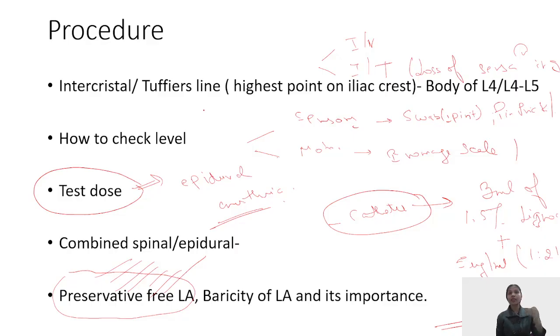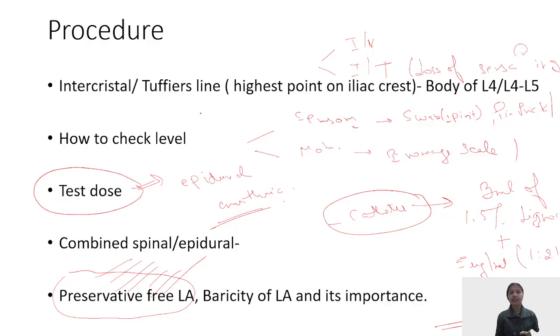If the options are given for which local anesthetic can be inserted intrathecally, please look for the option which states something preservative free. If you remember, the shortest acting local anesthetic was chloroprocaine. Why was chloroprocaine taken off the market?